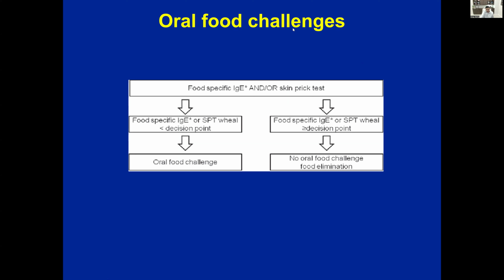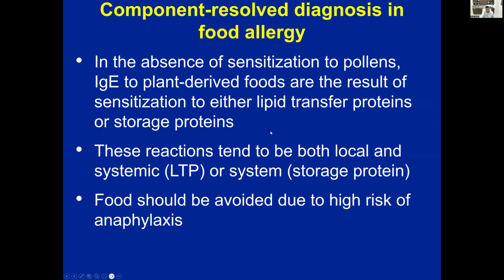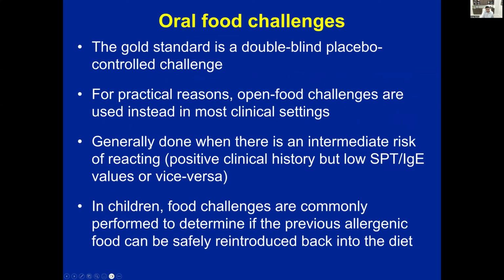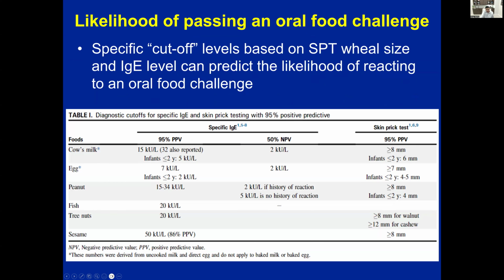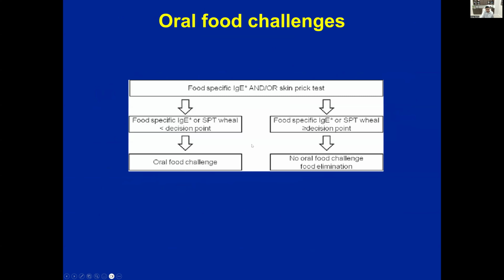Let's talk about food challenges. So how do you conduct them? Again, this is not for everyone. If you have an intermediate history, a weak history, and the skin prick test and, if you do get a blood test, the levels fall below the threshold, then go ahead and do the food challenge.